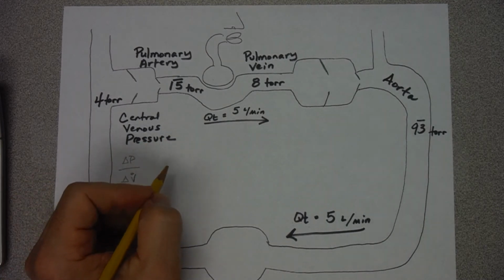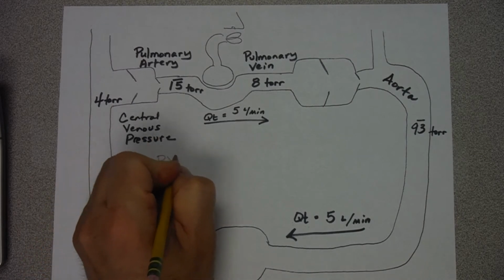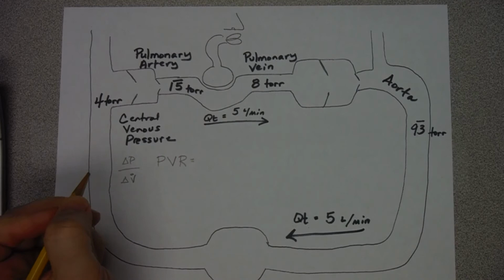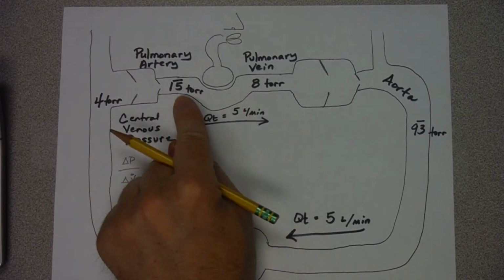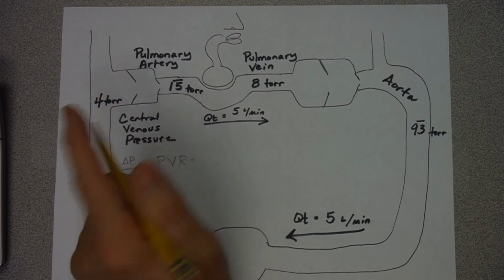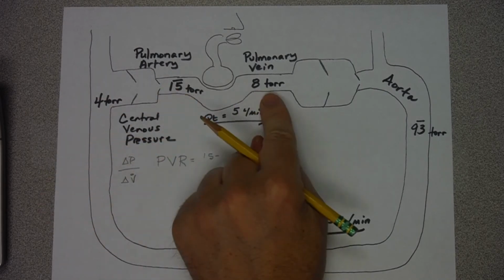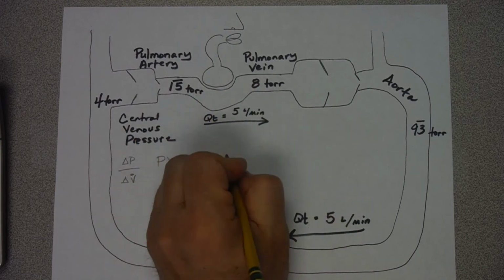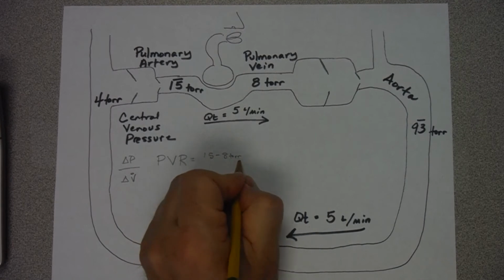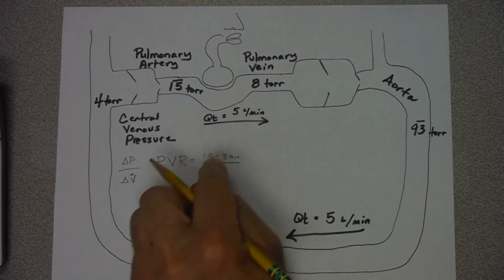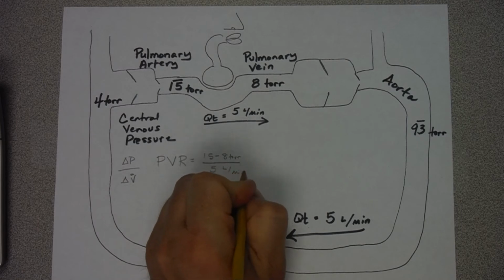Right? So we'll first solve for pulmonary vascular resistance, which is PVR. That's going to equal the drive pressure, which is your mean of 15 on the high end, and then subtract on the low end the 8. So we're going to determine the delta P. Flow on the bottom in the denominator, 5 liters per minute.